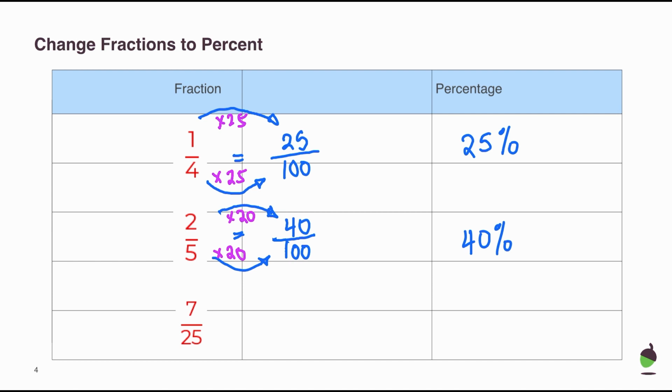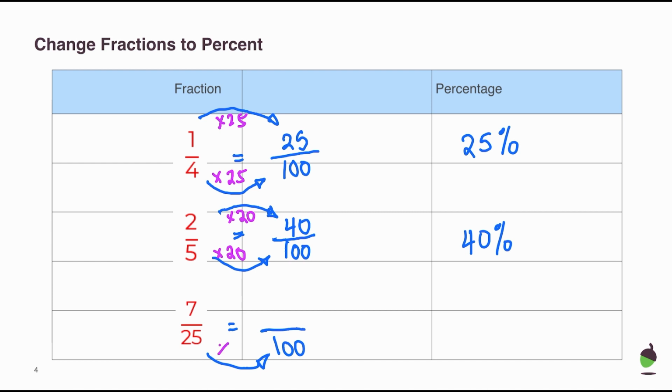Okay? Okay, last one. 7 out of 25. What do we need to do? Make it out of 100. Now, in order to make it out of 100, ano ang imumultiply natin kay 25 para maging 100? Si 25 para maging 100, just like dun sa unahan, imumultiply natin siya sa 4.